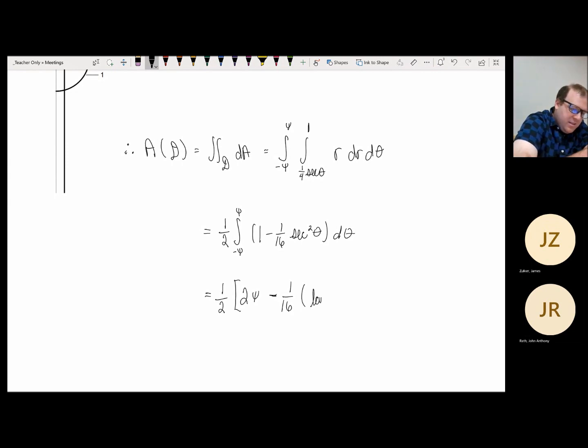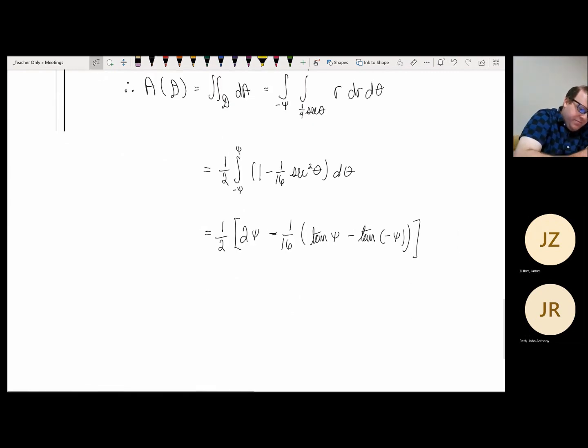So we get tangent of psi minus tangent of negative psi. Distribute that half through. Actually, it's just that, and who can tell me why?